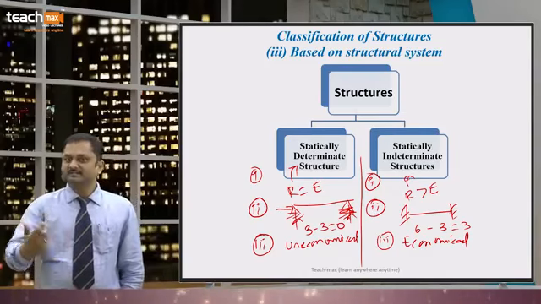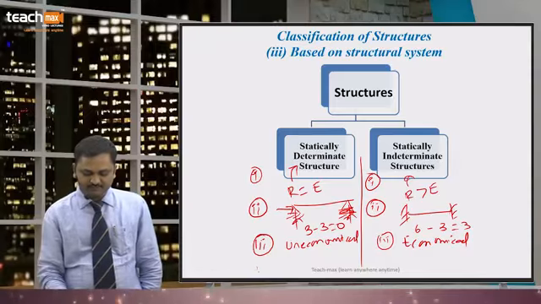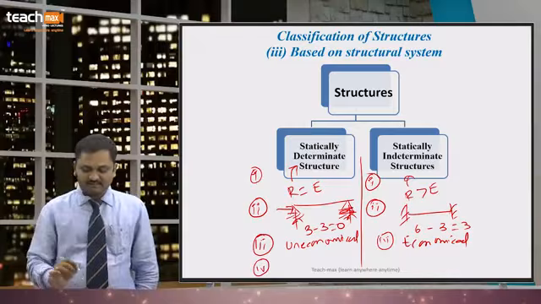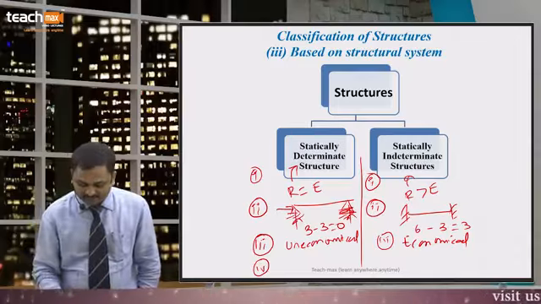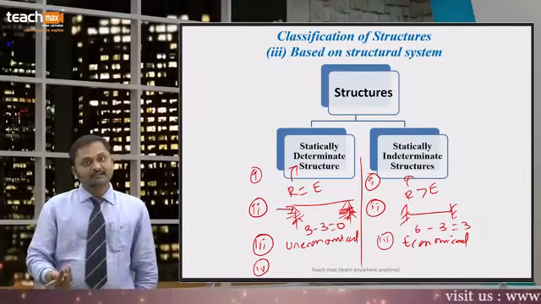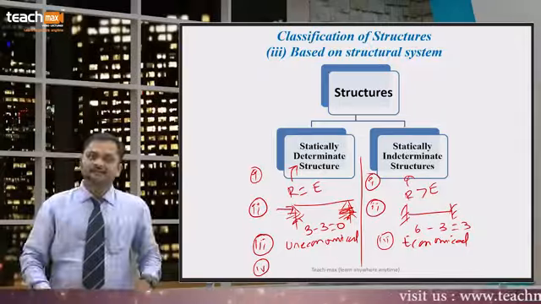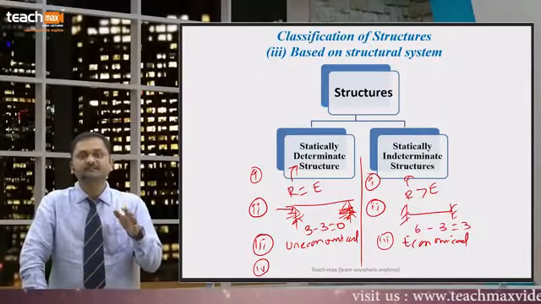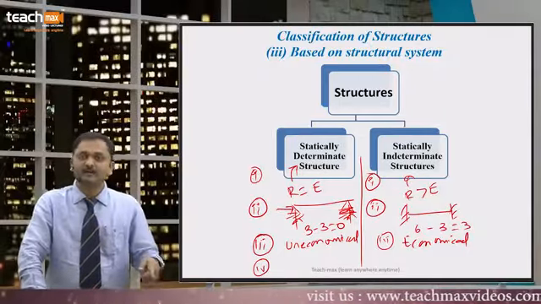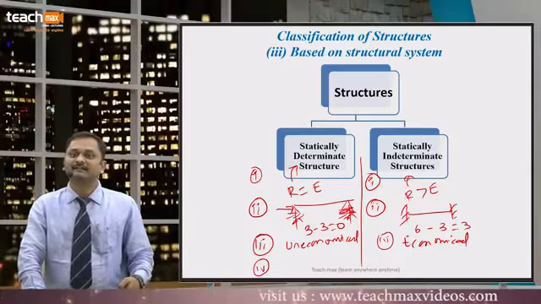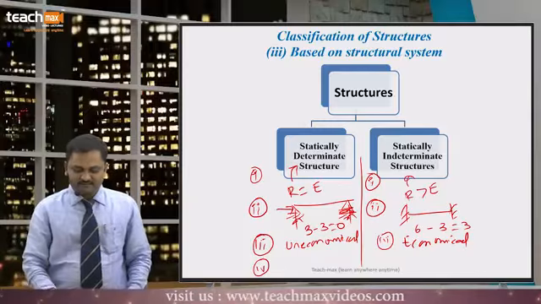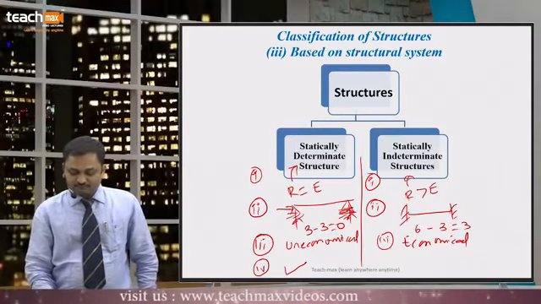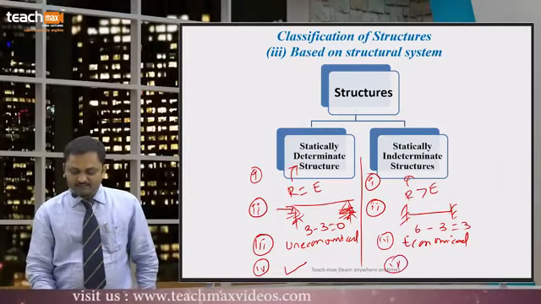But indeterminate structures are easy to prepare, so we can say they are economical. And one more very important thing: statically determinate structures we analyze first of all. Why? Because they are easy to analyze, and not difficult.